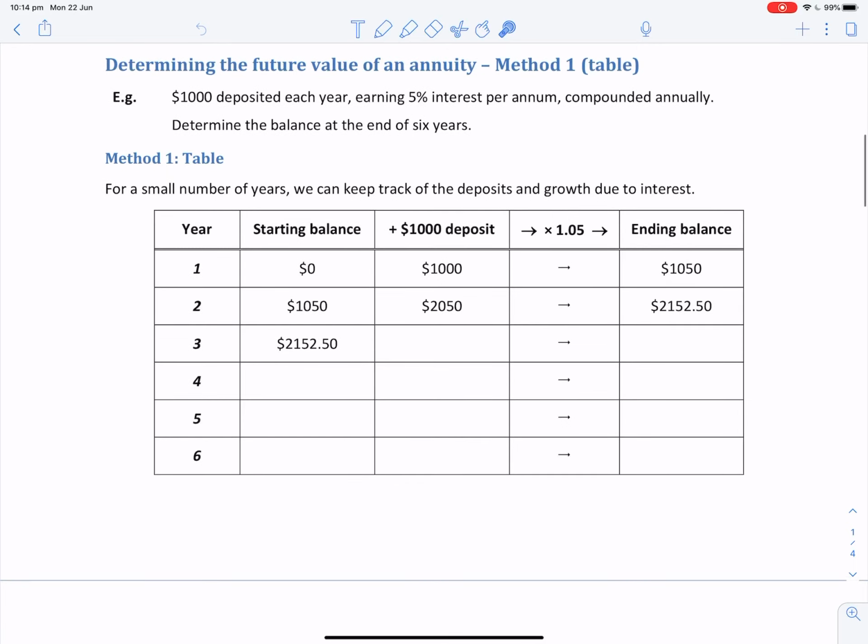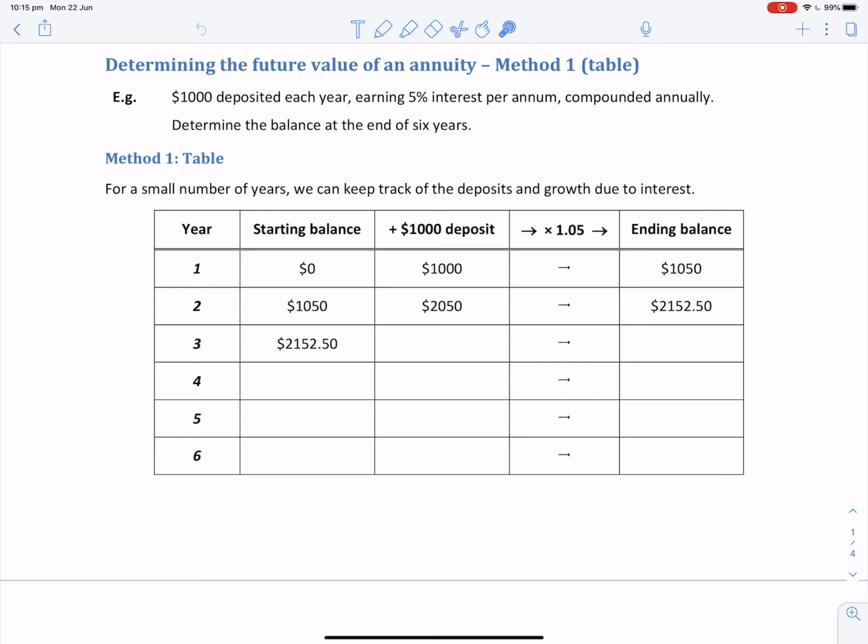Okay, so the best way to get started with this is to look at a table. If we're doing $1,000 every year, then the starting balance of 0, plus the $1,000 deposit gives us $1,000, and then multiplied by 1.05 to account for interest gives us $1,050 at the end of the first year.